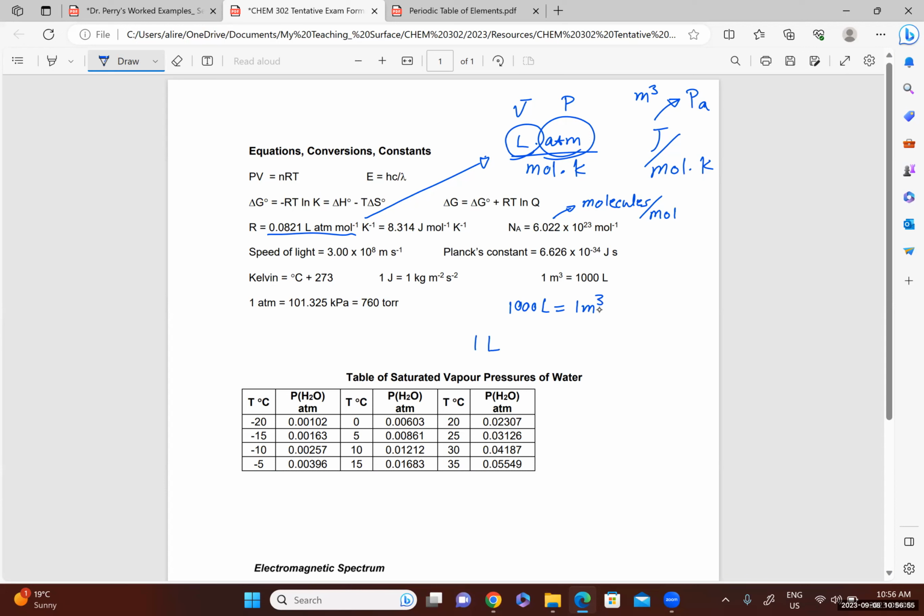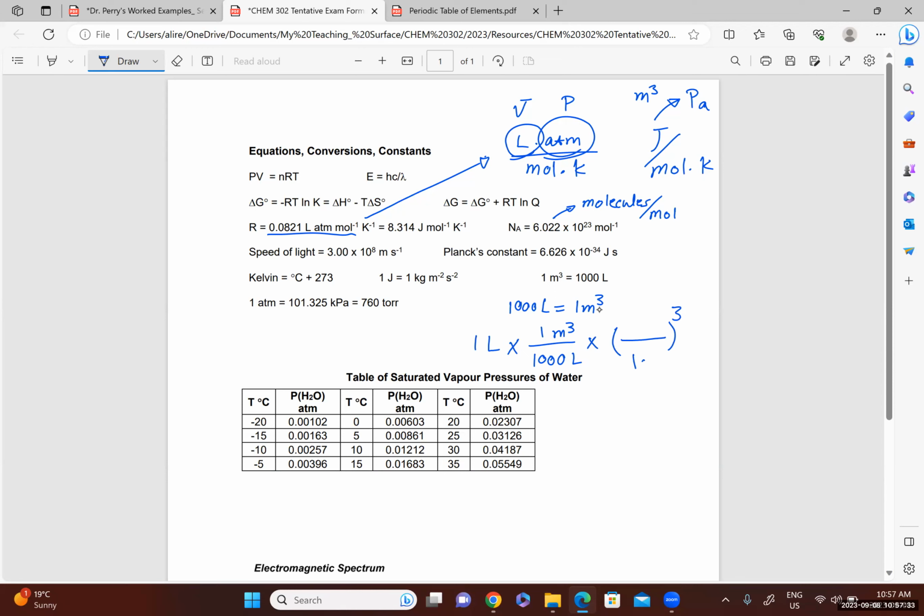How to do that? First we convert this using this conversion factor. We convert that to centimeter cube. So 1,000 liters, 1 meter cubed. We set this up in a way that these two cancel each other, and what we're left with at the end of this step is just meter cubed. Then you have to do it this way: the second conversion factor, cubed.